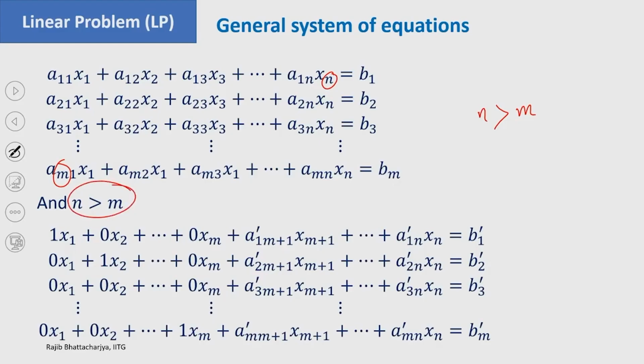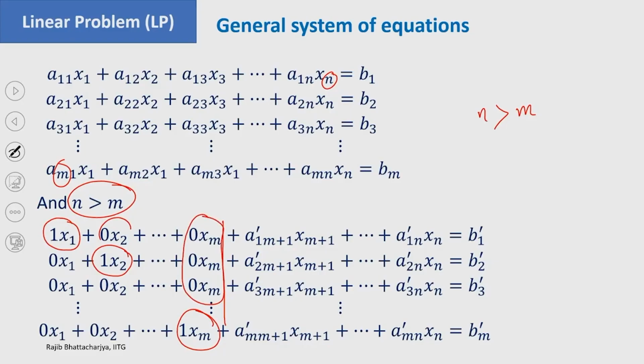So, here what we are doing? We are applying the row operations, and up to the number of equations m we are doing the pivoting. That means, for the x 1 variable the coefficient is 1 and for the others the coefficients are 0. Similarly, for x 2 only in the second equation it is 1 and in the other equations it is 0, up to x m, where the coefficient is 1 and for the others the coefficients are 0.